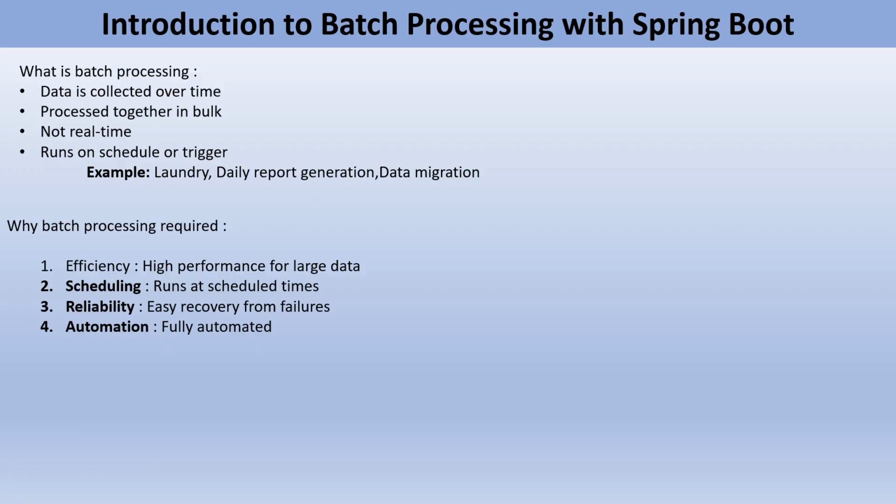For example, with Amazon and Flipkart, millions of customers place orders throughout the day, right? At night, batch jobs run to handle bulk tasks such as generating daily sales reports and analytics. So every night a batch runs and generates the report.